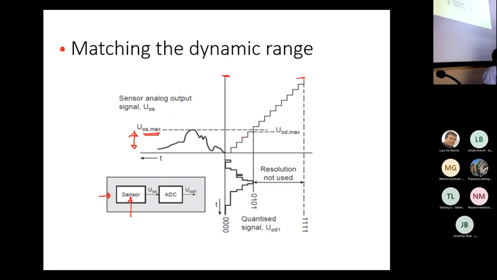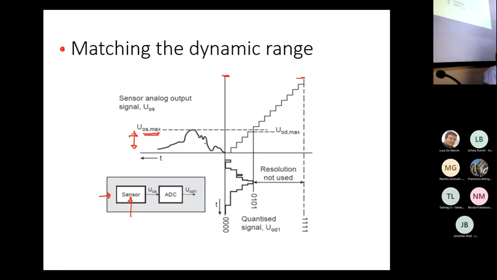This means that if the sensor is directly connected to this A to D converter, even if it may have quite a large bit depth, we are just measuring the least significant bit variations.